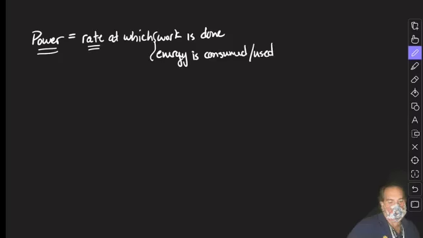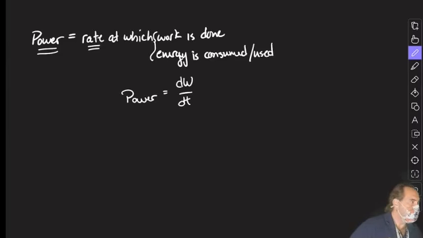As a rate, to actually write out what power is, I have to write it as a derivative because all rates are a derivative function with respect to time. Now, what that actually means is that we're talking about how fast work is done.